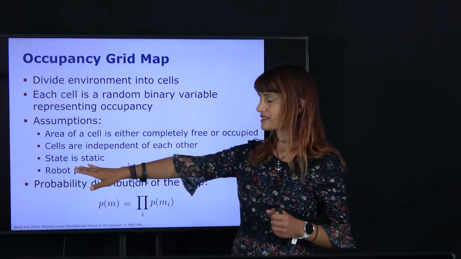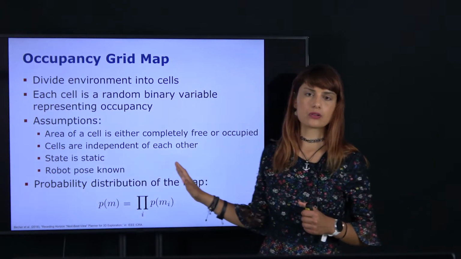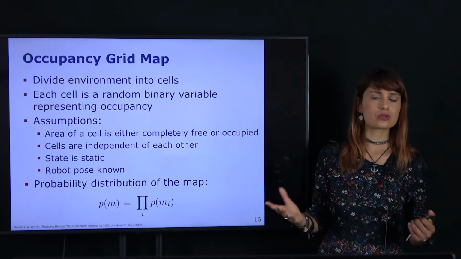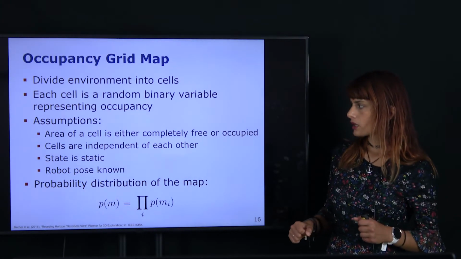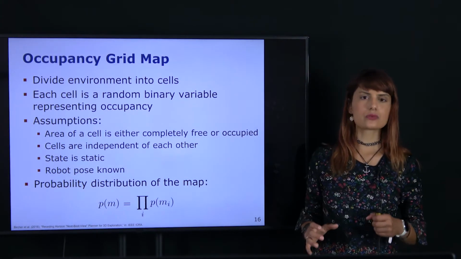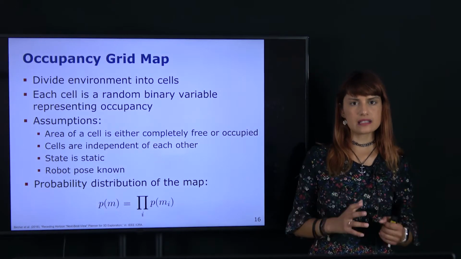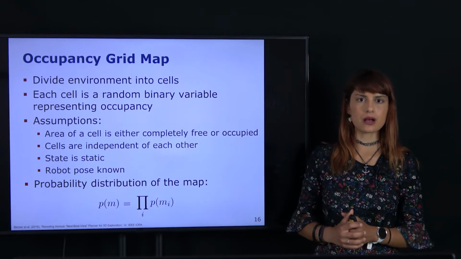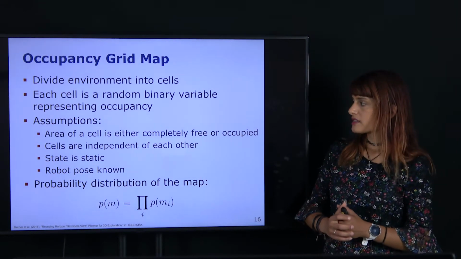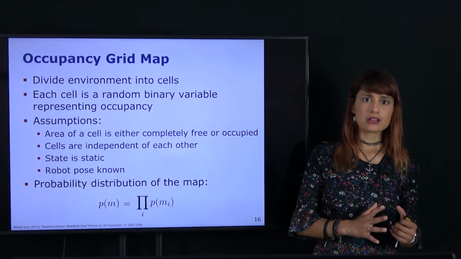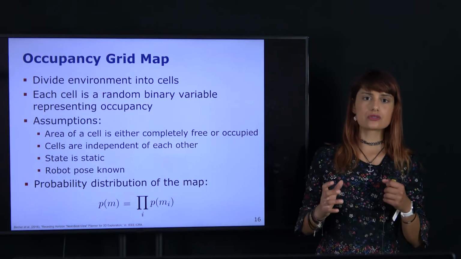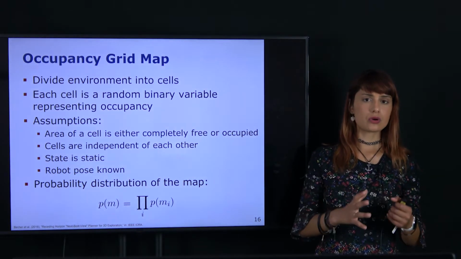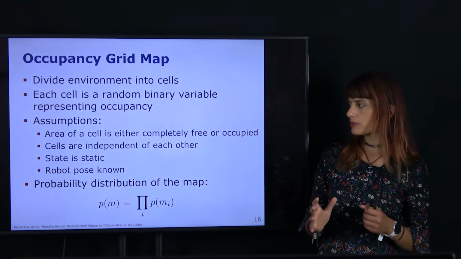Next, we assume that the state is static, so there are no temporal variations in the environment, no dynamic behavior. And for purposes of this lecture, we assume that we have a state estimation system that's providing us with the robot pose that we use to do mapping. In simultaneous localization and mapping, this is not the case because we're trying to jointly learn the robot pose as well as the environment.